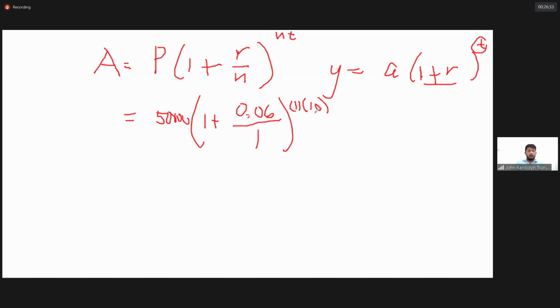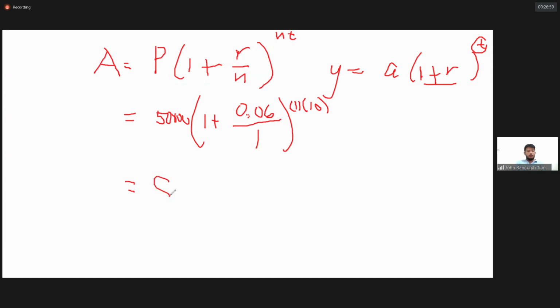Double check the answer in the book, just in case there is a typo error, guys. So 1 plus 0.06, that is 1.06 to the power of 10 times 50,000.